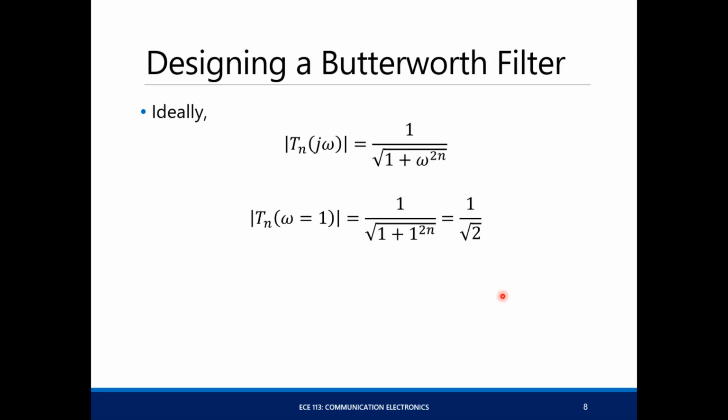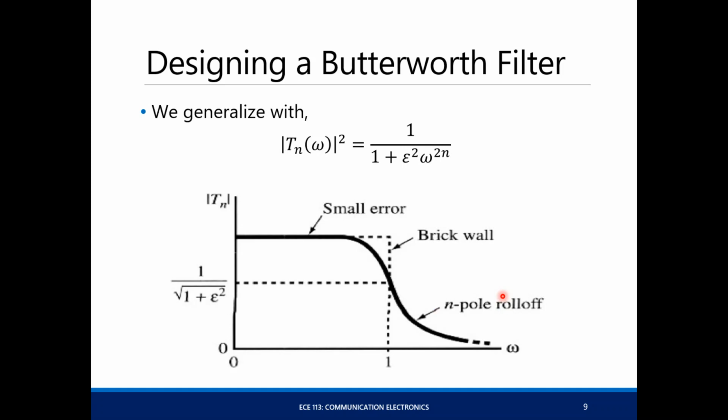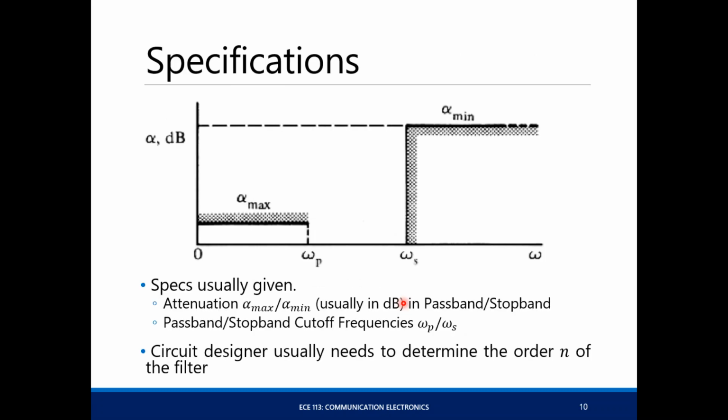It's actually an ideal Butterworth filter. We generalize it with some epsilon. So a scaling factor of epsilon creates a small error here. Your 3 dB frequency would be somewhere here. And after that, you create an n-pole roll-off.